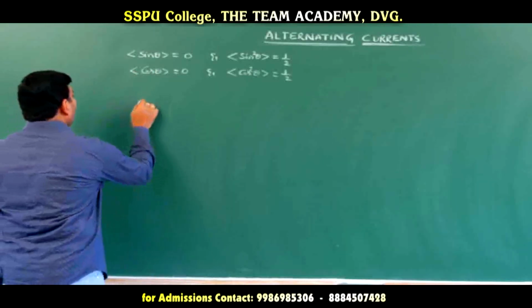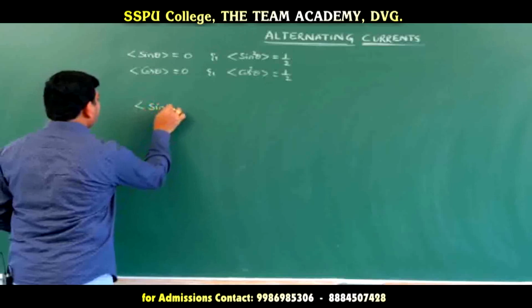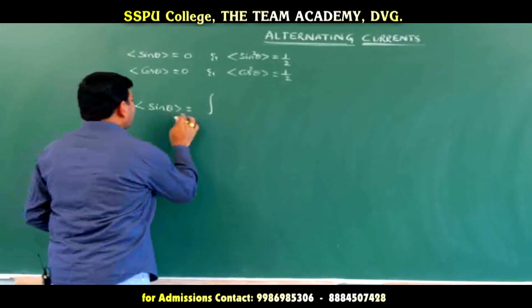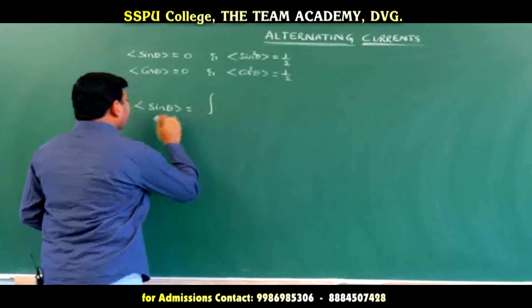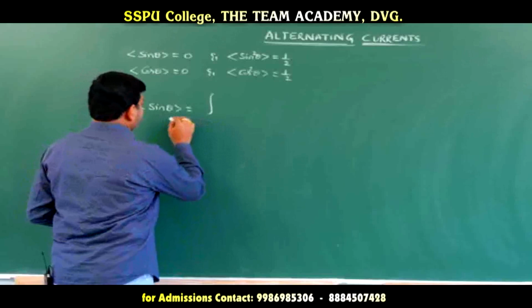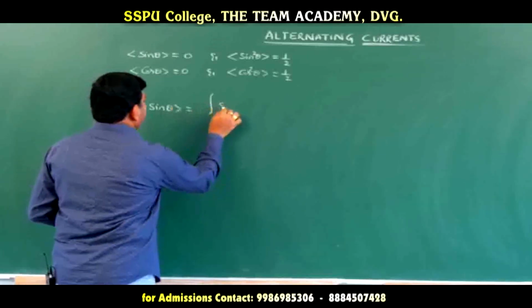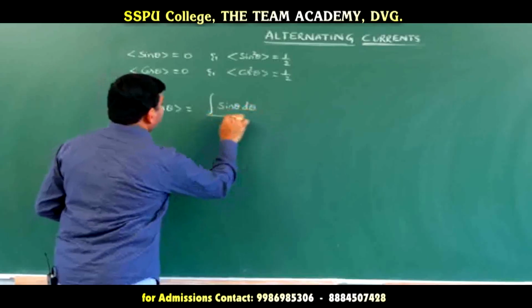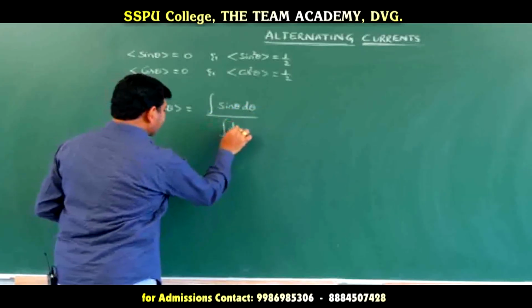Now I will tell you about the sine term average value calculation. What does the average value of sine theta mean? I need to calculate this over the complete term. So what does this mean? The average value is the integral of sine theta d theta divided by the integral of d theta.